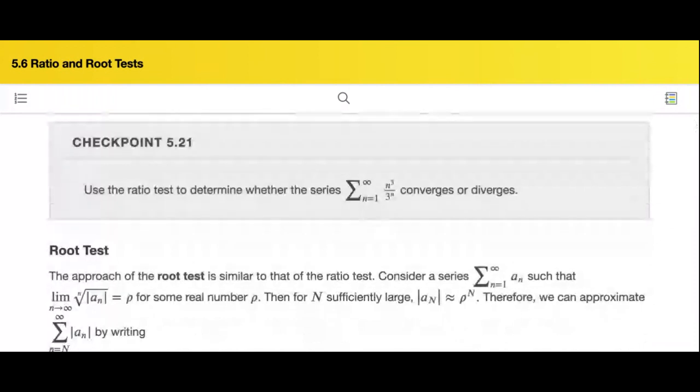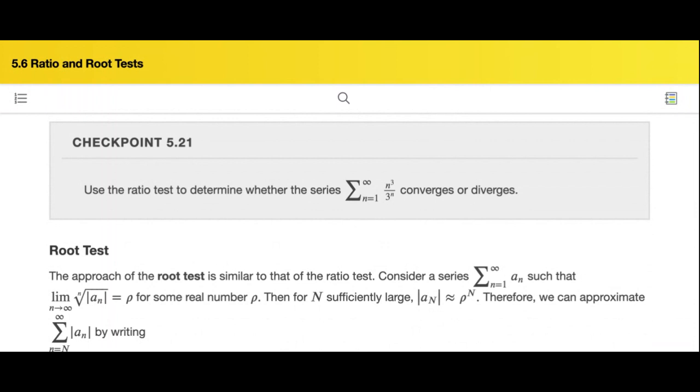Okay, everyone try 5.21. All right, so I have n cubed divided by 3 raised to n. You could go ahead and apply the ratio test, or if you want to give yourself some intuition, you can write down the first couple of terms to see whether n cubed grows faster or 3 raised to n grows faster.